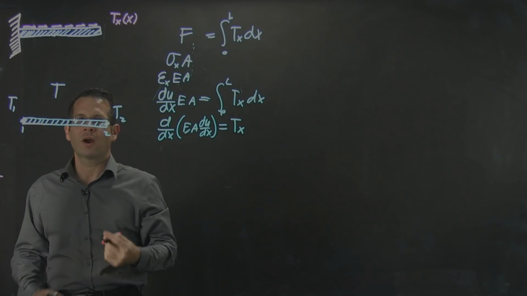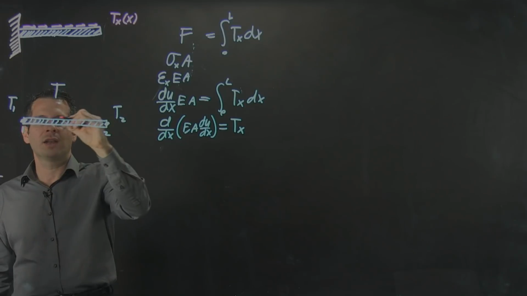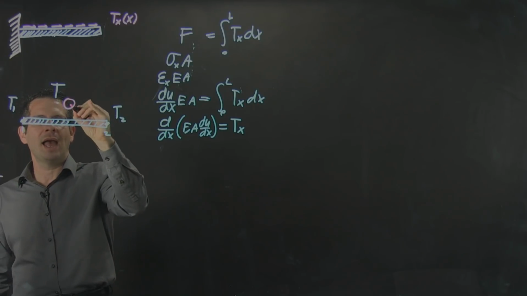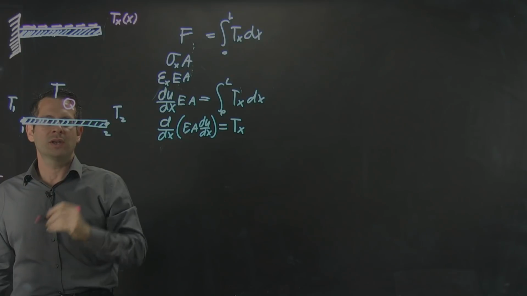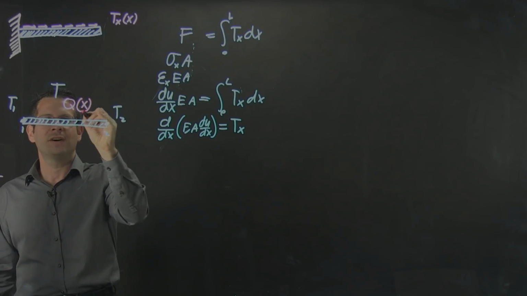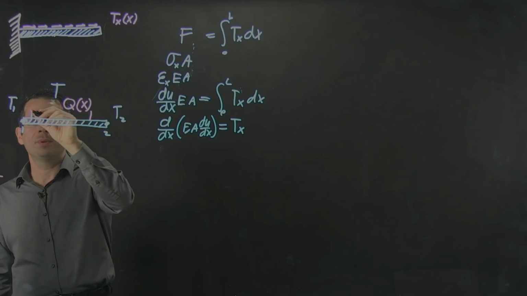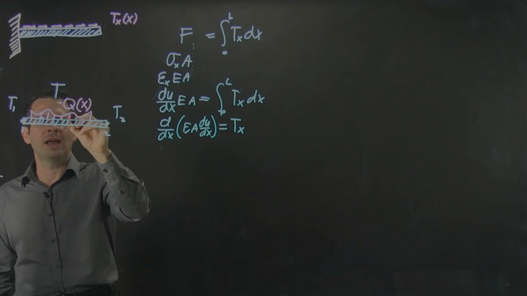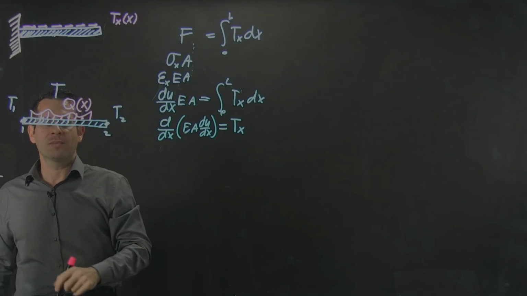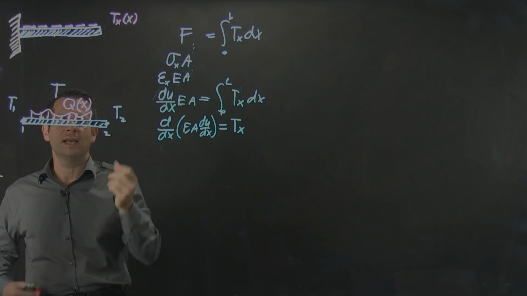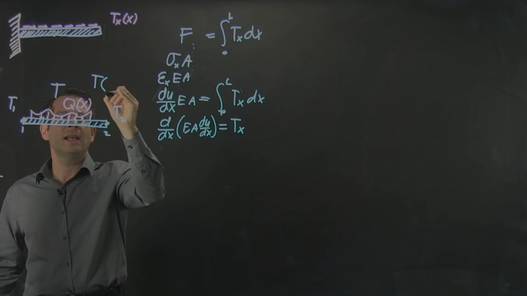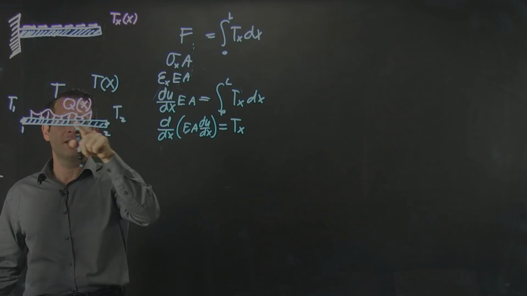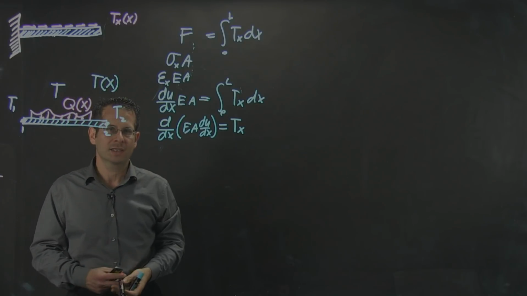Maybe somewhere along the length of this bar, I'm also adding heat, which we'll call Q, a function of x, applied along the length of the bar. And what I'm really interested in knowing is, OK, what is the temperature along the length of the bar as a function of x?